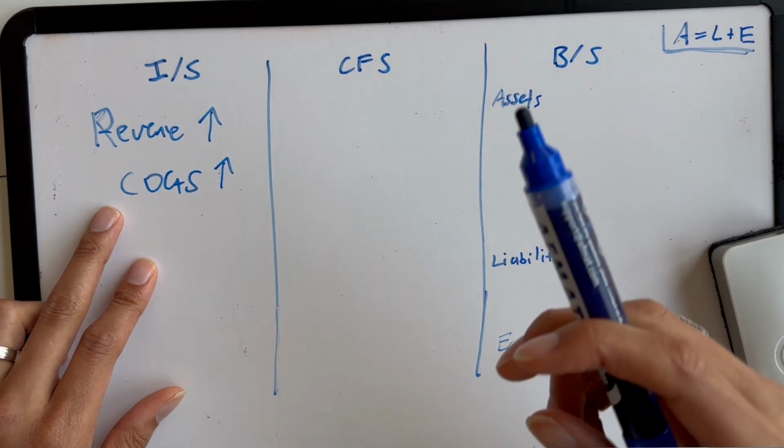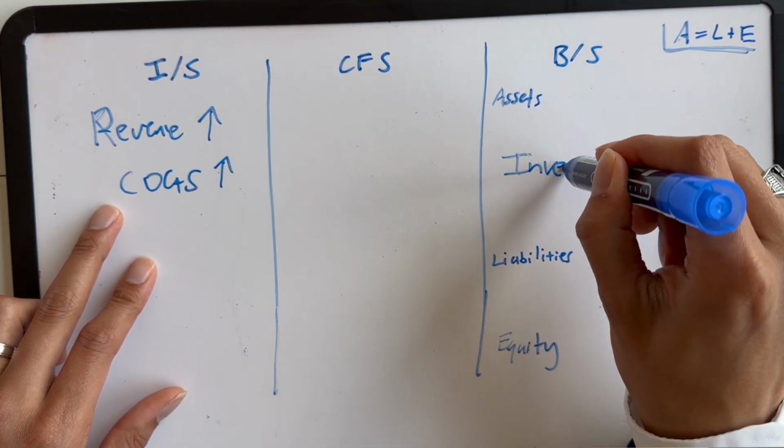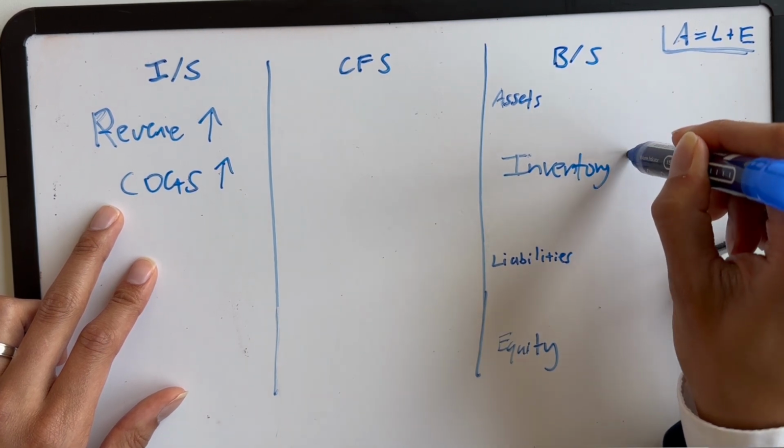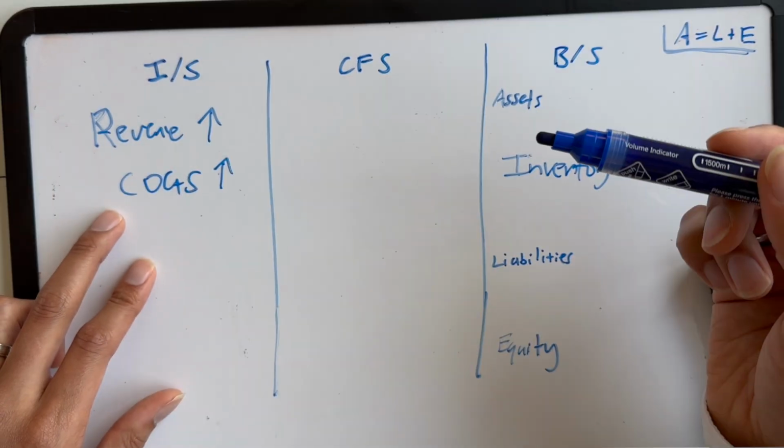Now, when cost of goods sold increases, the inventory that the business had goes down by that same amount. So you can imagine if you have $100 of raw materials sitting in a factory somewhere, and that's getting converted into a product, your cost of goods sold now matches a proportional decrease in the inventory of that business. So inventory, which is an asset, goes down the same level that your cost of goods sold goes up.